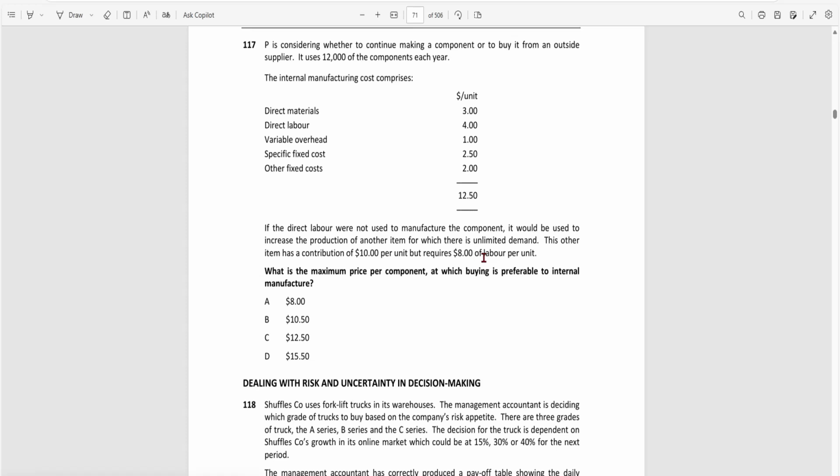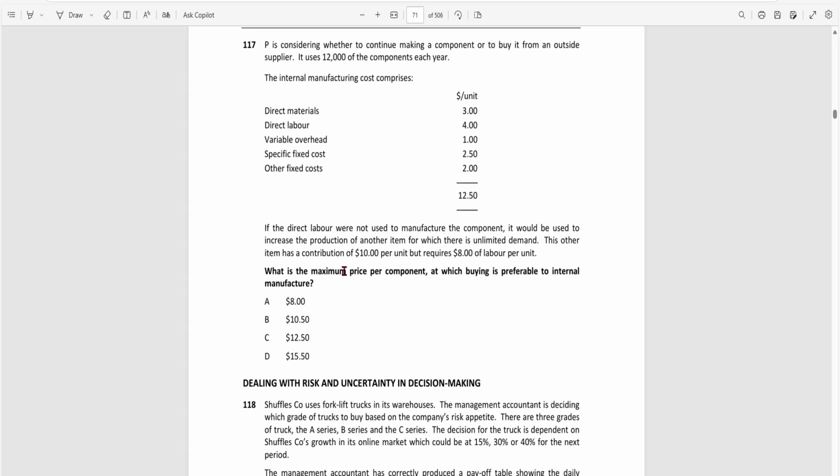So how much contribution is earned in 1 hour? That is 10 divided by 2, because we are using 2 hours of labor. So that means 5 is your contribution per labor hour. Let me do the calculation, then you will be able to figure it out. The question is asking what is the maximum price that we will pay if we choose to buy rather than manufacture internally.